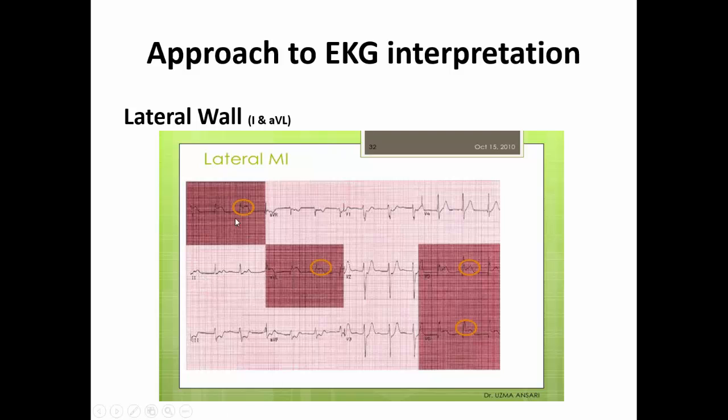You have pretty impressive ST elevation in leads 1 and AVL. V5 and V6 also look fairly lateral. They look anterior, but they also look lateral because they're pretty far around on the lateral side of the patient. So you get ST elevation in 1, AVL, V5, and V6. In this particular EKG, there are reciprocal changes in the inferior leads, at least in leads 3 and AVF. So, lateral MI.